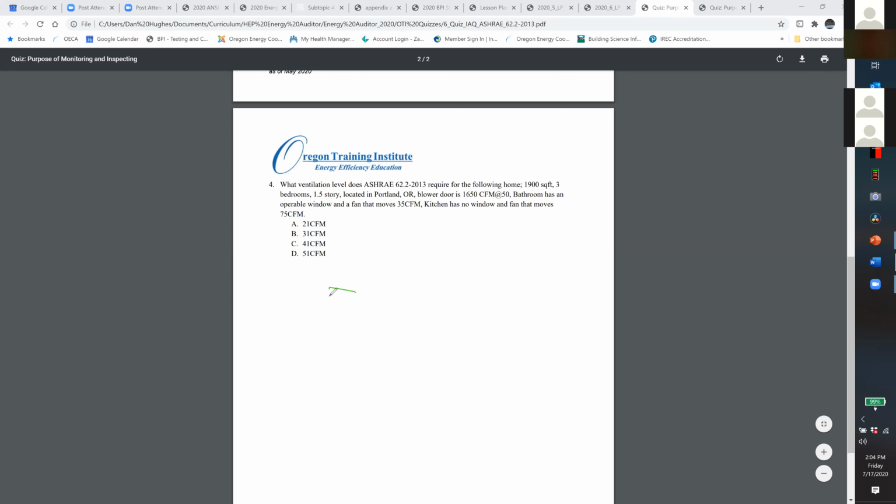That's going to give us 57. Then we got 3 bedrooms plus 1 gives us 4, and we're going to multiply that by 7.5, which is going to total to 30, which gives us 87 for the first step.